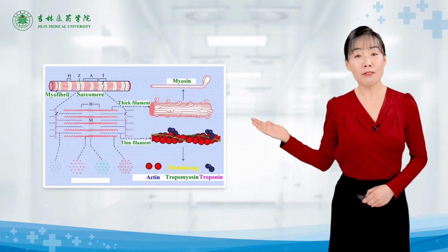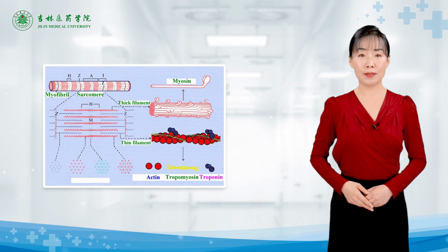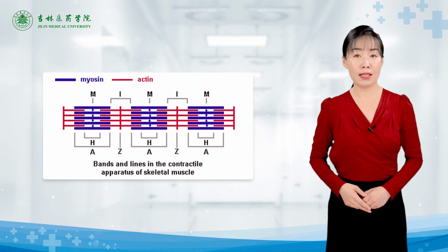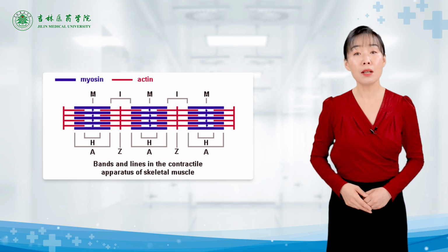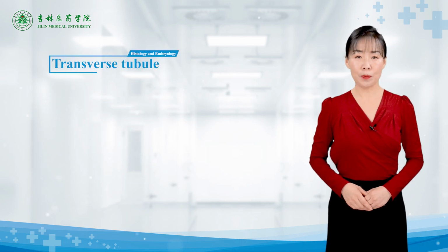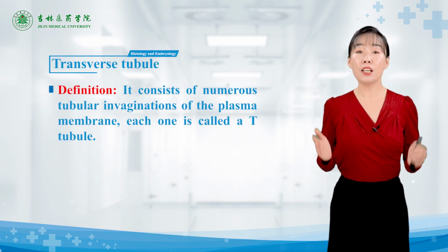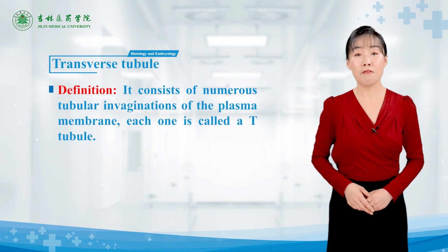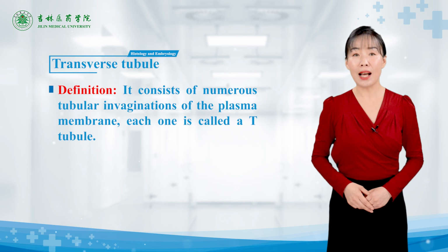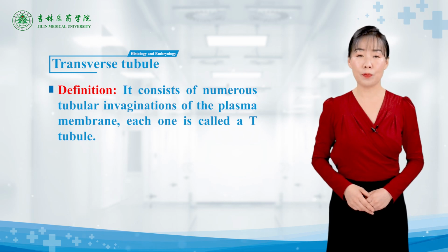These are thick filaments and thin filaments. Thick filaments and thin filaments are arranged in a regular pattern to form the sarcomere. Transverse tubule. It consists of numerous tubular invaginations of the plasma membrane. Each one is called a T-tubule.